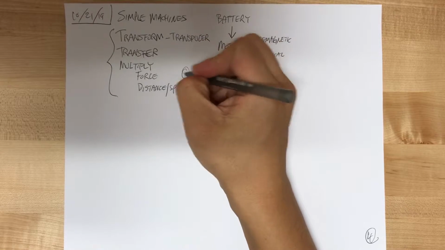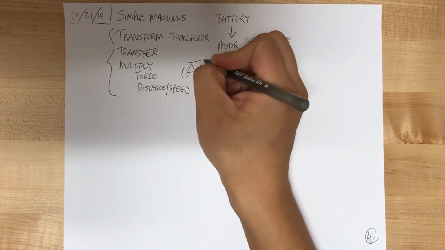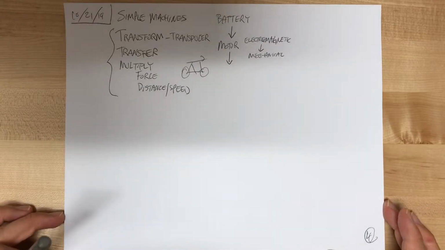So if we think about riding a bicycle, thinking about gearing and shifting up and down, that's an example of gaining force, being able to go uphill, or gaining more speed. So that's an overview of what a machine might do.